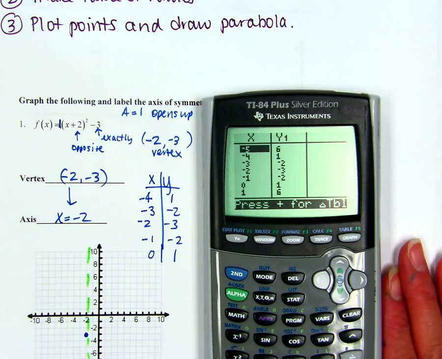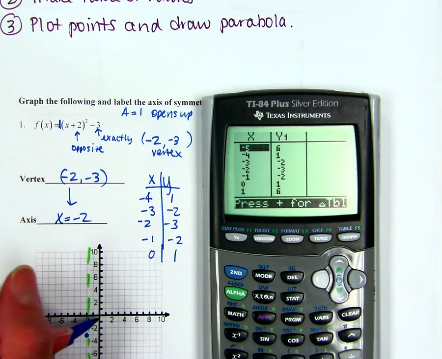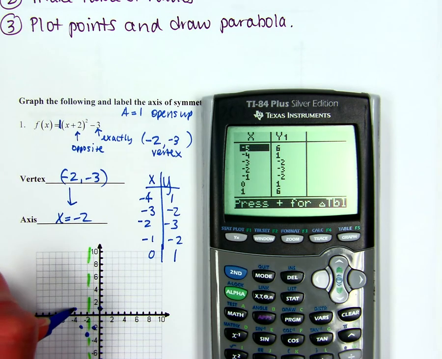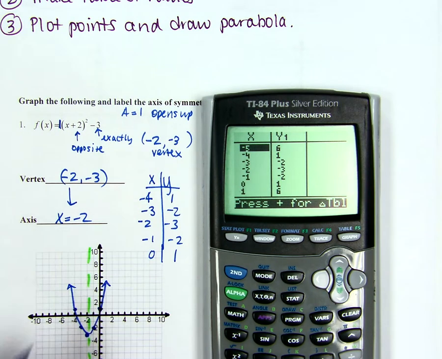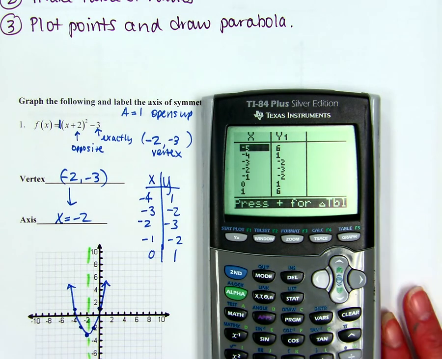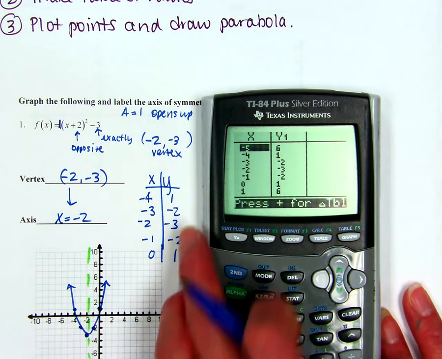So now that I have 5 points to copy down, I can plot 0, 1; negative 1, negative 2; negative 2, negative 3; negative 3, negative 2; and negative 4, 1. And then I'm going to draw a sketch of my graph. It should be U-shaped. All parabolas are U-shaped, not V-shaped. And then it opens up.